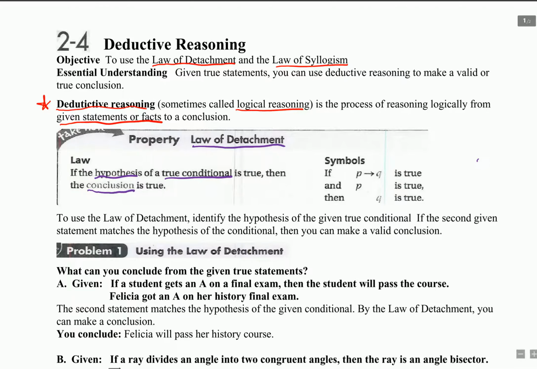So down here it says if you use the law of detachment, identify the hypothesis of the given conditional. So we have our given if-then statement.